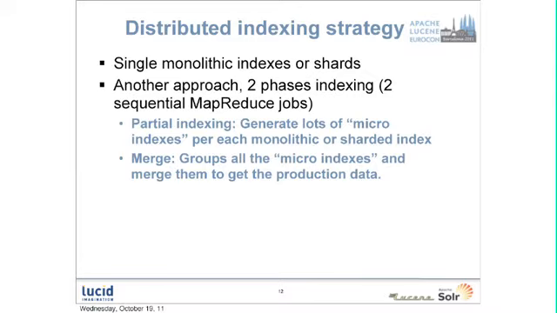The first one, I've called the partial indexing. What it does is just create hundreds or even thousands of small indexes. I mean, for a monolithic index that is big, you're going to create a lot of micro indexes. I'm going to call them micros, so as not to be saying indexes all the time.